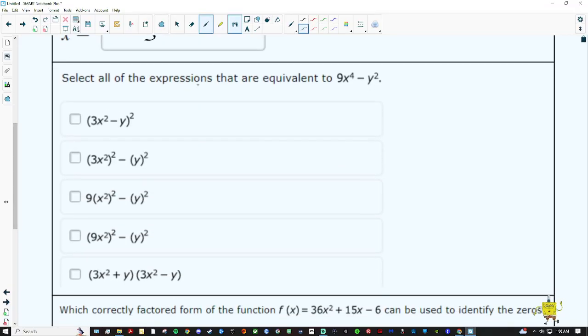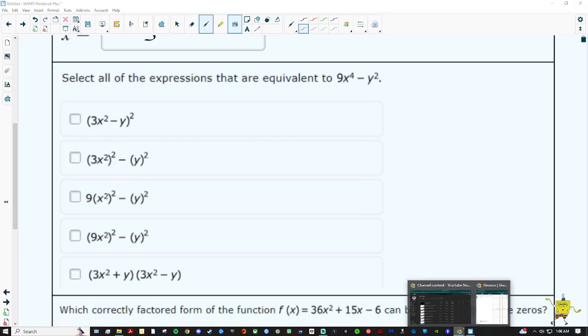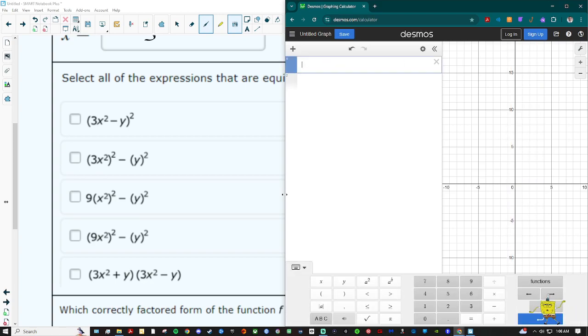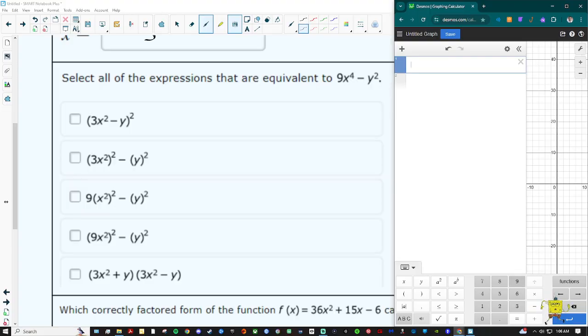So select all of the expressions that are equivalent. So again, if I pull this up, I'm going to type in my first one. So 9x to the 4th minus y squared. And you notice I have an error.